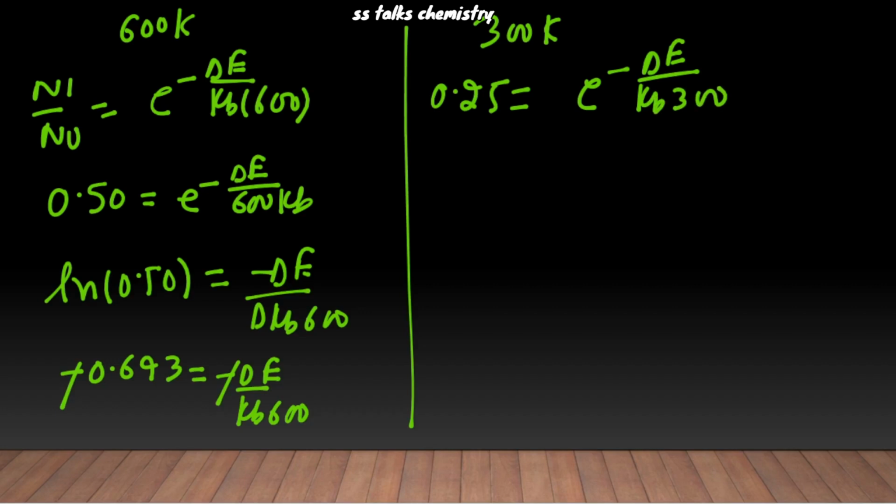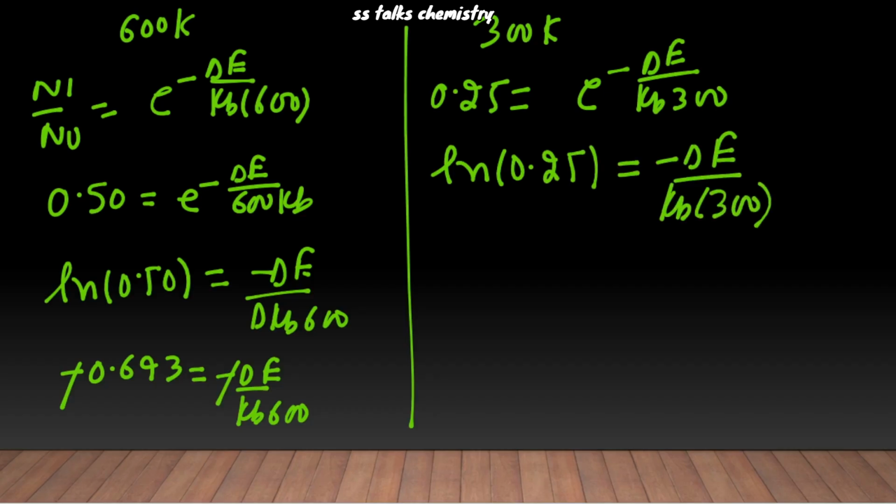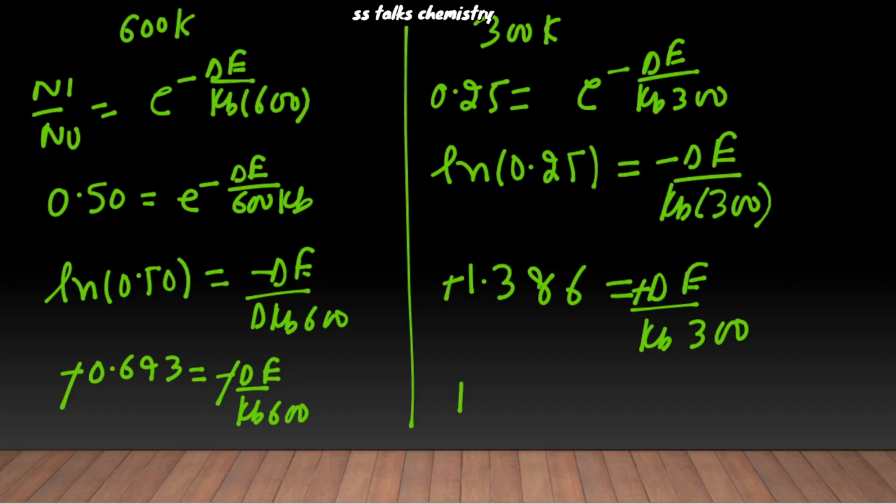So ln of 0.25 is equal to minus del E upon kb into 300. ln of 0.25 is minus 1.386, which is minus del E upon kb into 300. Again we can cancel the negative on both sides. 1.386 is del E upon kb into 300. So now only the del E gap we have to find out.